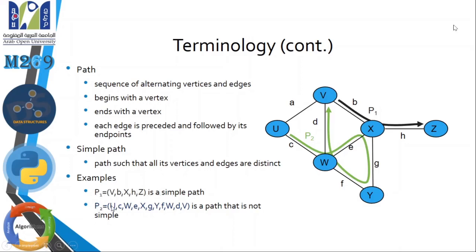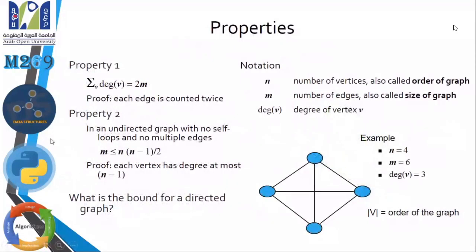Path 2: U C W E X G Y F W. Here W is repeated, so you went somewhere and came back to it again. That is what is called a not simple path. These are very general terminologies. It's good to know them in case there are some questions.